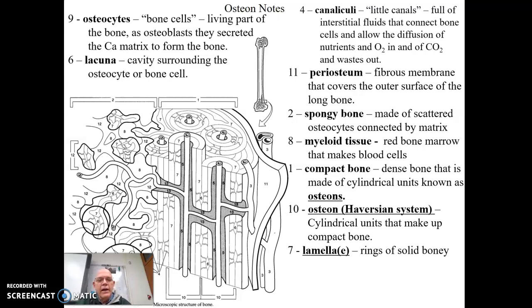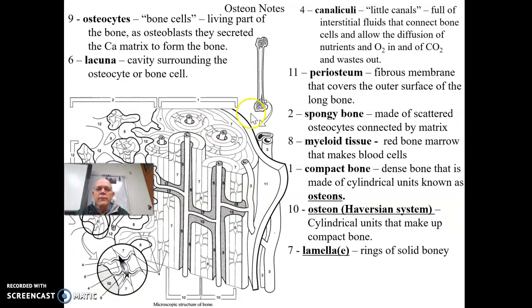All right. Now, a lamella are the rings of matrixy material. All right. So if you look at number 7 here, there's a ring. There would be a lamella there. Lamella, or lamellae, has to do with rings of the bony matrix or layers.